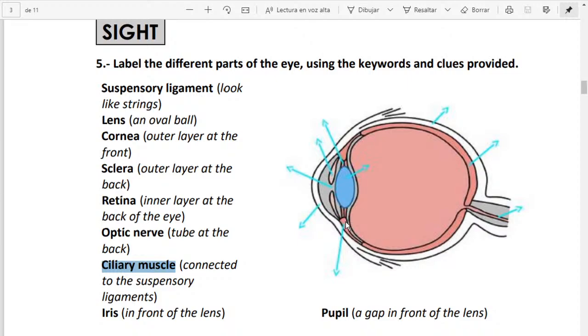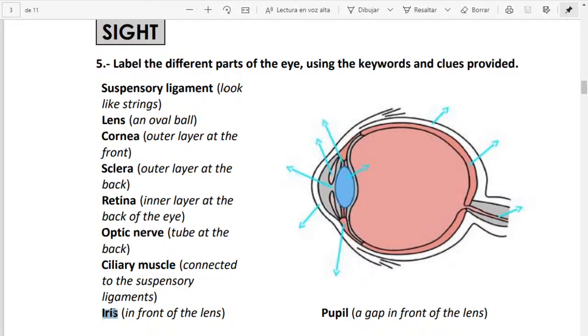Imagine you have your head in a position, you don't move, but you can move your eyes up and down, right and left, and you can do that because of this muscle. So this is the ciliary muscle. Can you see my arrow? This is the arrow you have to use to write below ciliary muscle.